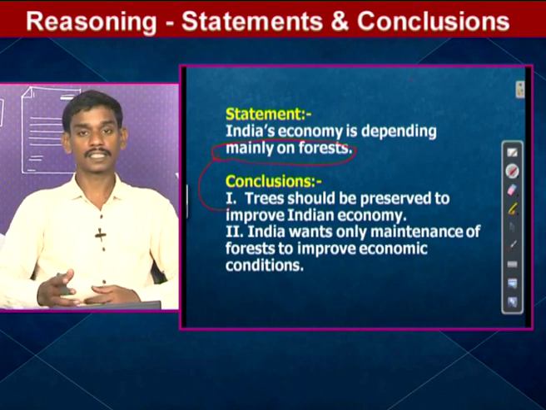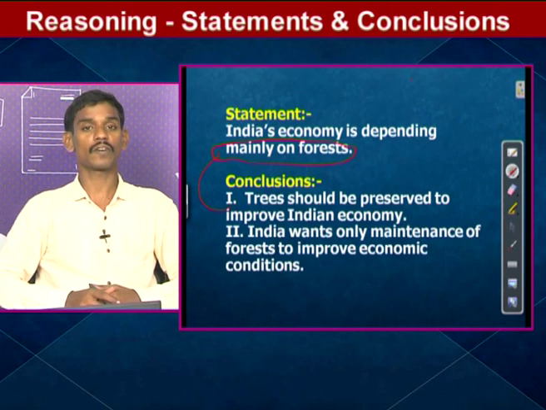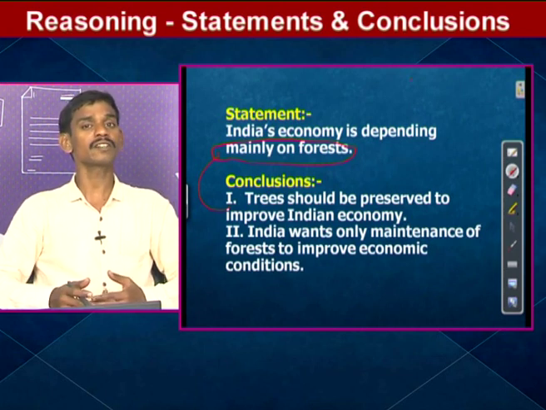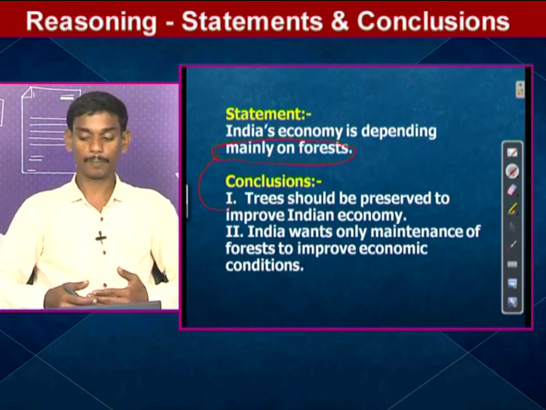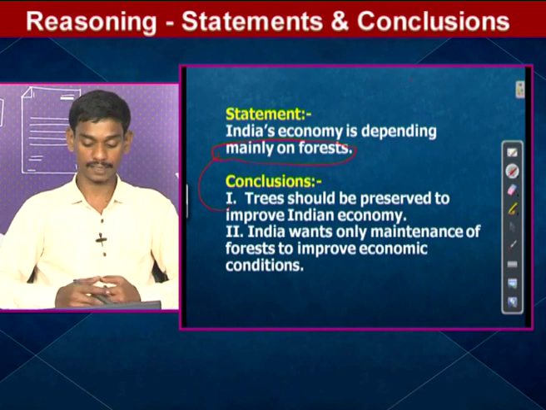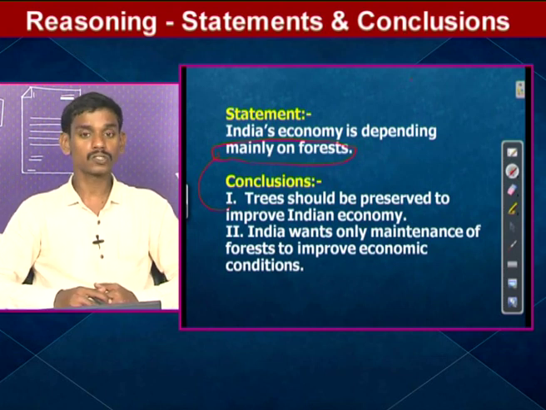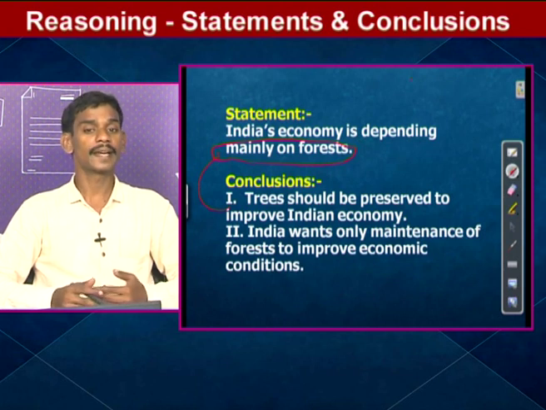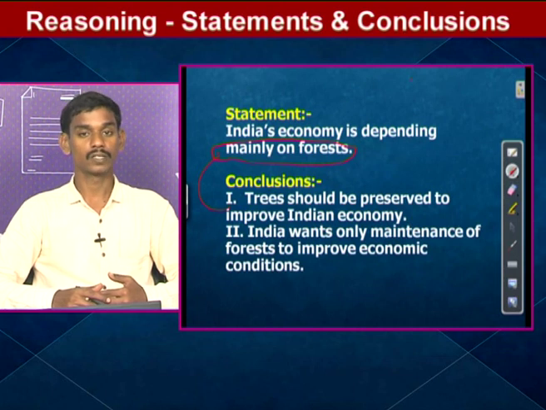Why? Because the statement is related to conclusion 1. Economy depends on trees, which means we want to save, protect and preserve the trees. Second one: India wants to only maintain the forest to improve the economic conditions.